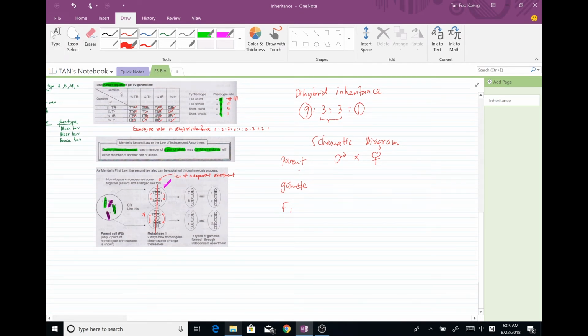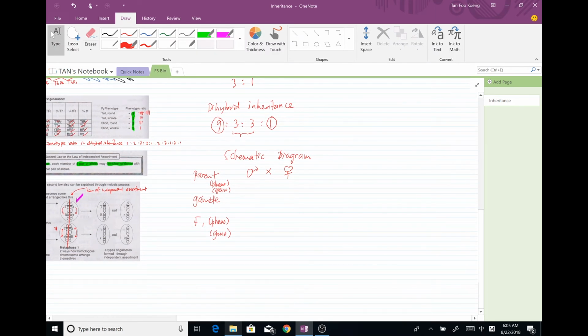Remember also to label the phenotype and genotype of the parental generation, as well as the phenotype and genotype of the F1 generation. Then start to put in the genotype of the parents by reading the text carefully. Normally, we will be given information about the phenotype of the parents, and from the phenotype, we can work out the genotype of the parents.